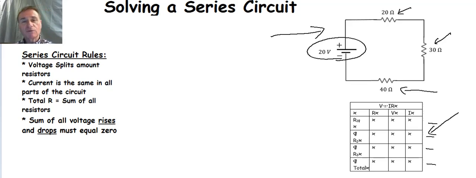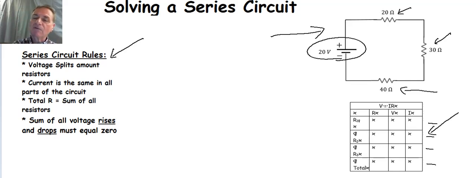The rows will obey Ohm's law, as you'll see in a minute, and the columns obey the series circuit rules, which we're also going to go over in a minute. So if we use the table, we can easily solve a series circuit. Let's see what a series circuit is.